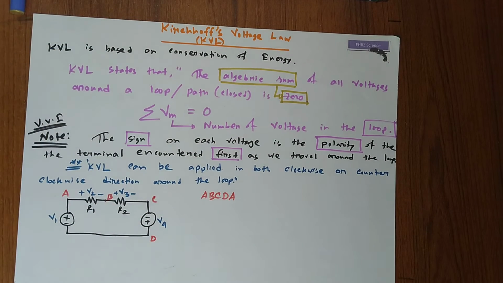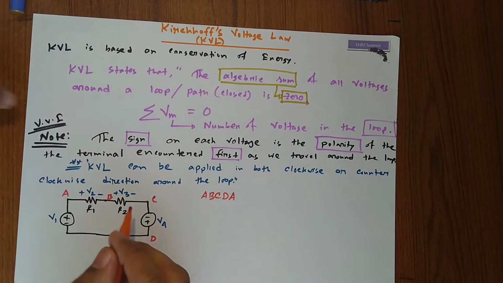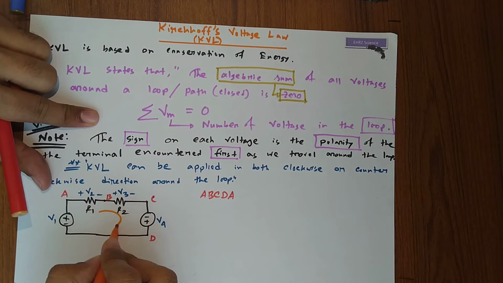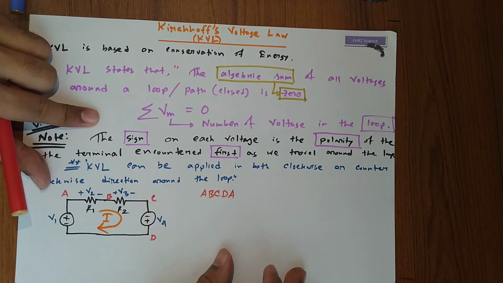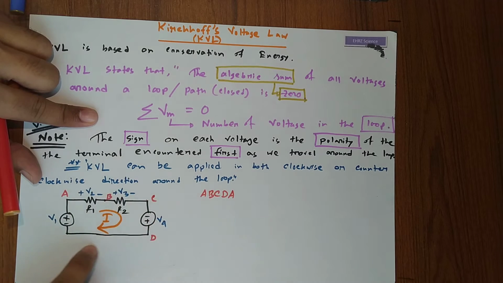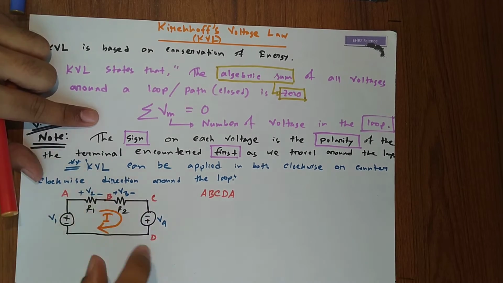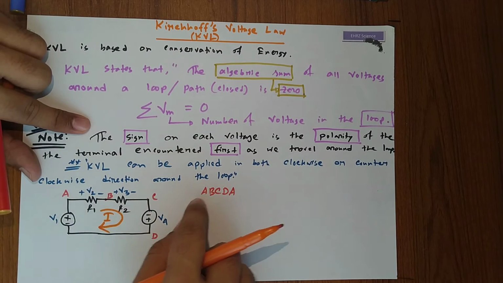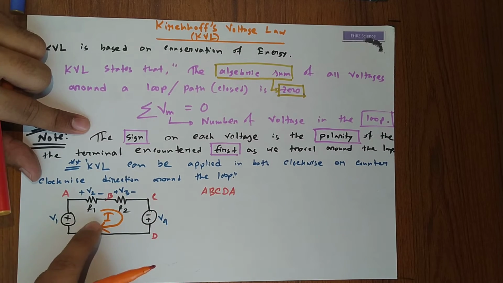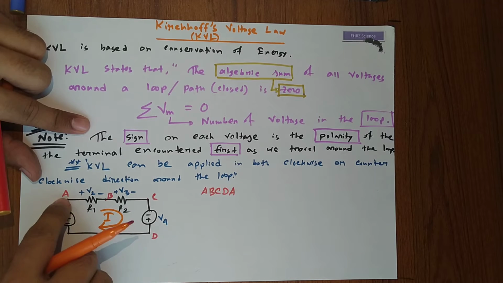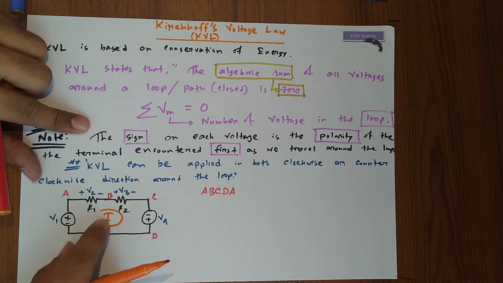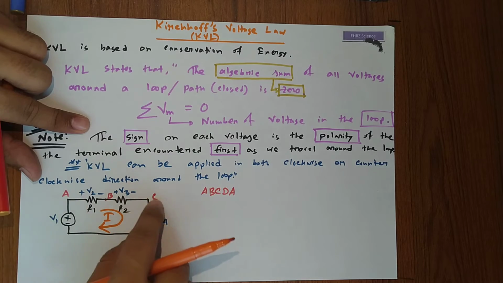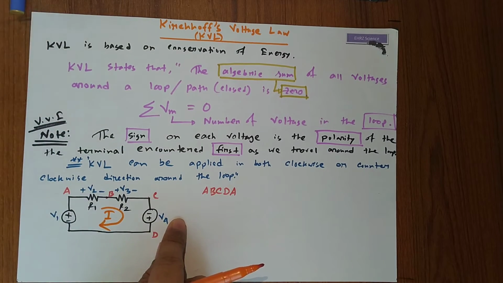Okay, so in path A, B, C, D, A, suppose we are traveling in clockwise direction. So this is our clockwise direction and the current is going in clockwise direction. It is very important to remember that going through the clockwise direction means you are considering the electric current in this circuit to be traveling in the clockwise direction.